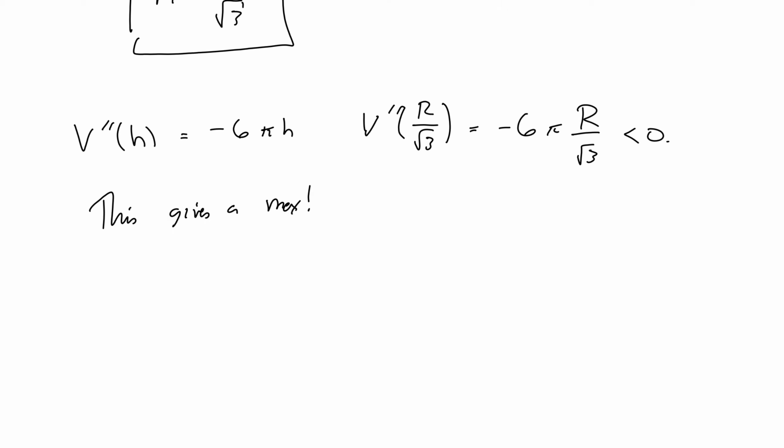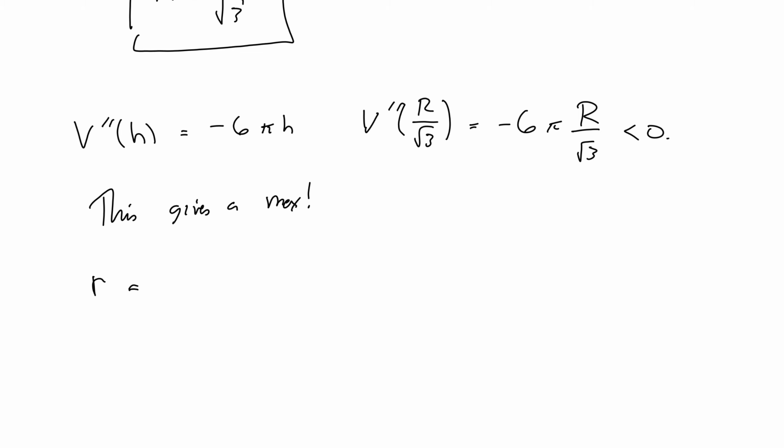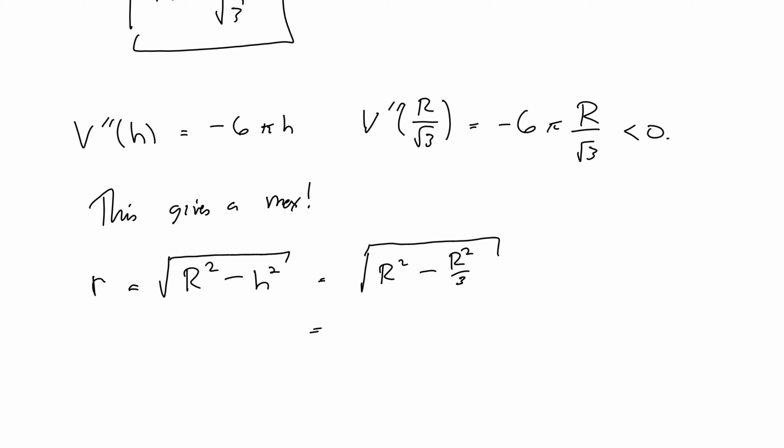And now we need to find the value for little r as well, because it wanted both of these. So remember, this formula gave us little r, so this is the square root of R squared minus R squared over 3. So this is square root of 2/3 times big R.